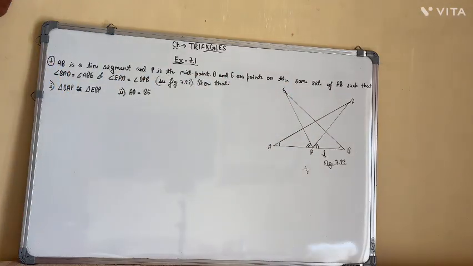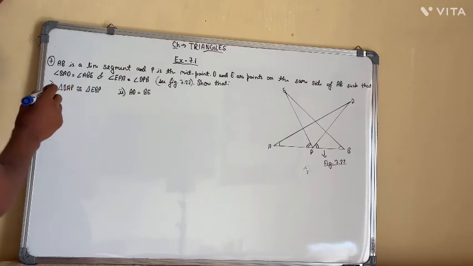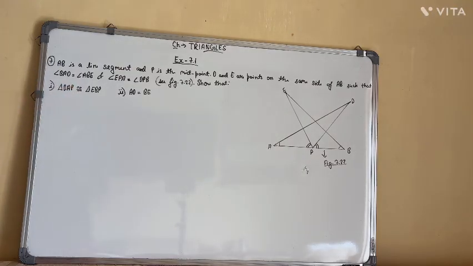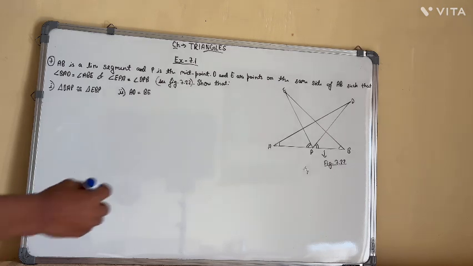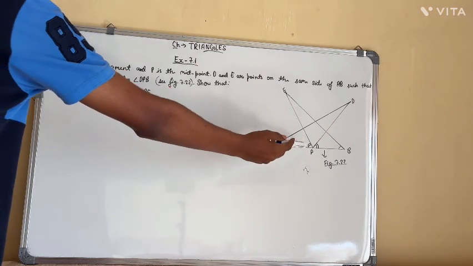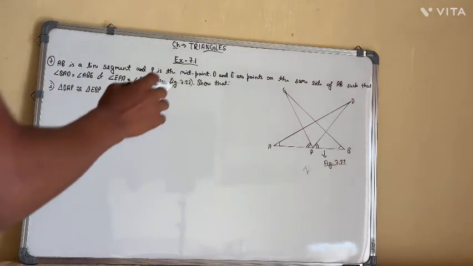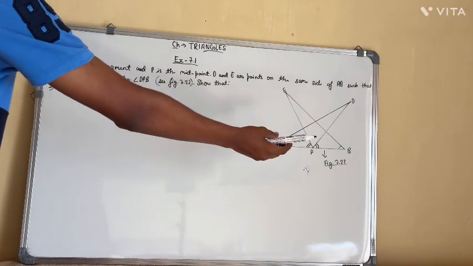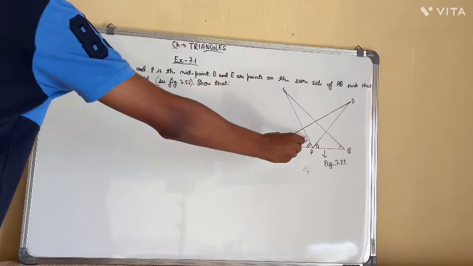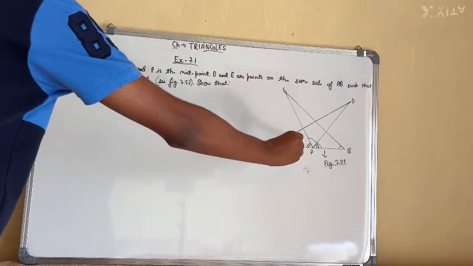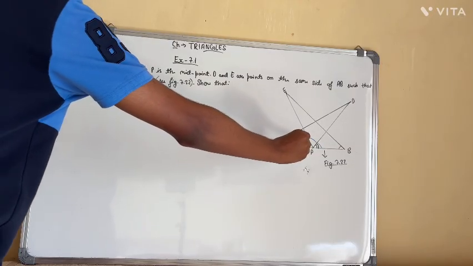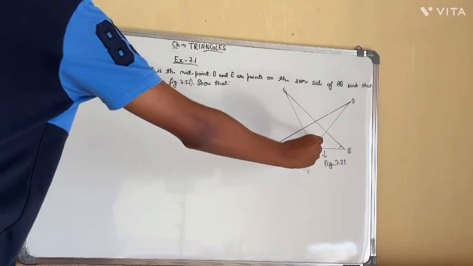Okay, so now I am solving this. You can write in your notebook. So we have to solve the first part. So how can we solve? We can make it congruent. Firstly, we can make this full angle EPB equal to this full angle till here.